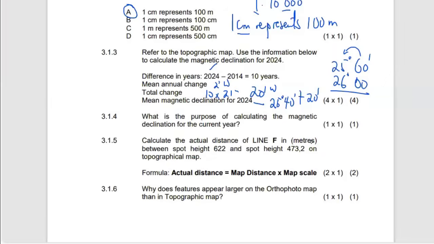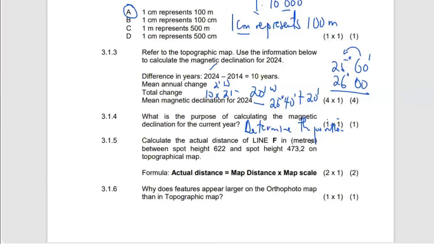What is the purpose of calculating the magnetic declination for the current year? In other words, why do we have to trouble ourselves calculating the mean magnetic declination of the current year? It is going to help us to determine the position. For us to be able to figure out positions, we must use the current year.